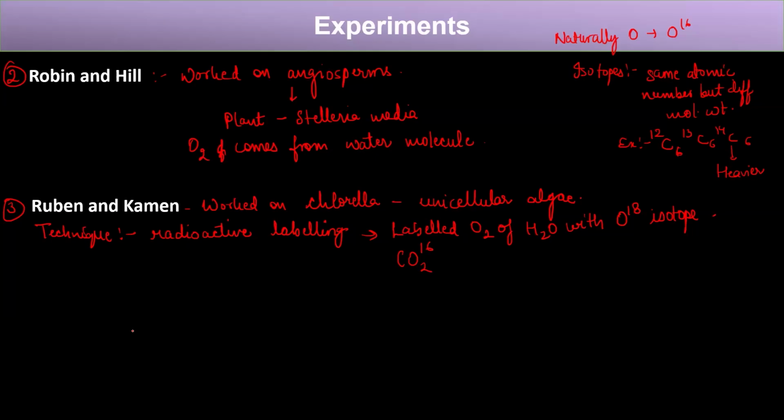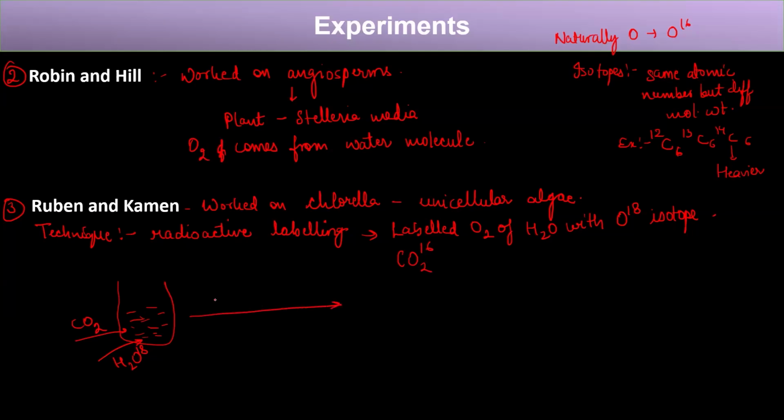What they did when they performed the experiment, they kept this chlorella. So this is a solution having chlorella. Apart from this, they supplied it with the normal CO2 and radio-labeled water molecule.